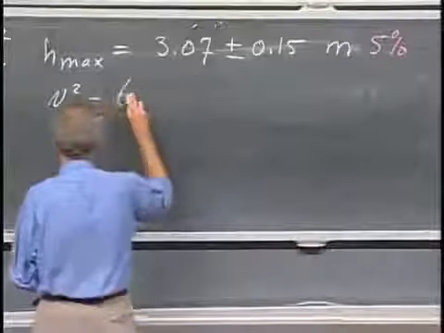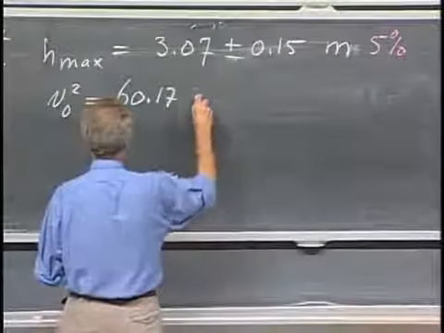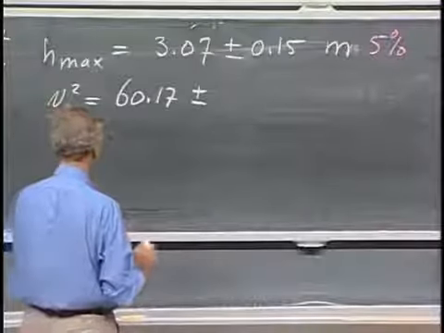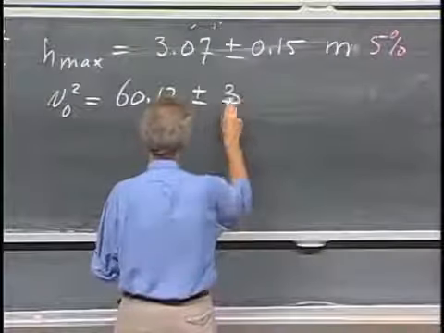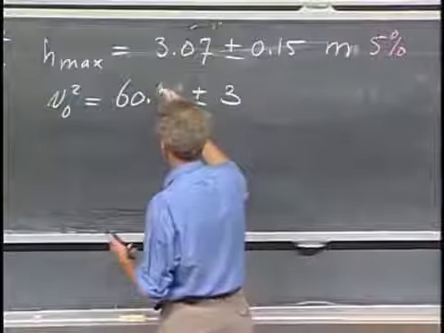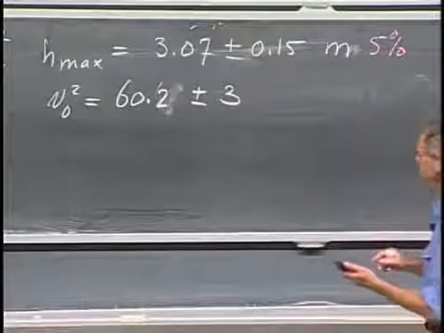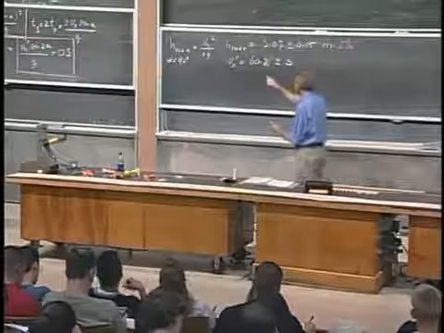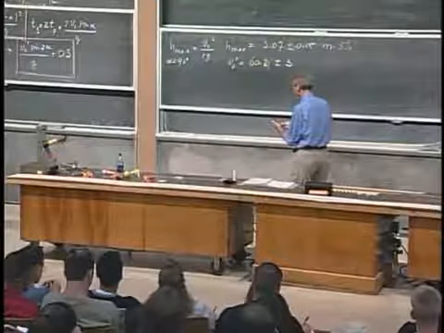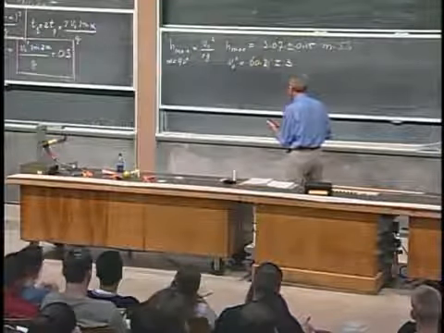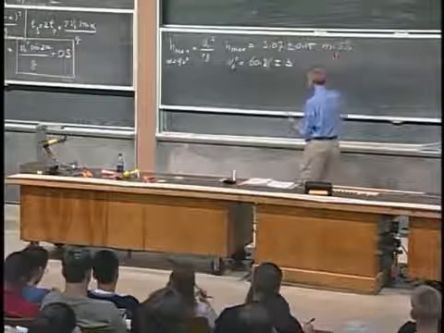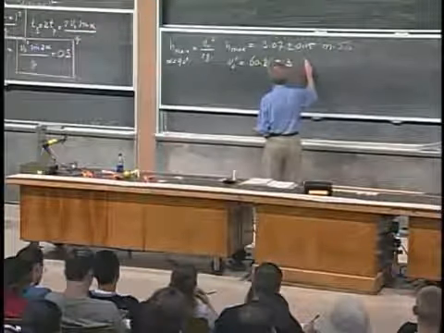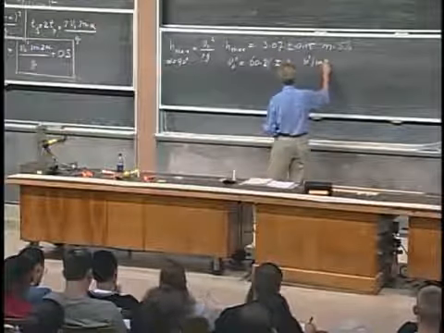I'd like you to check that. 60.17 plus an error of 5%. That is an error of 3. So you might as well make this 60.2. Would you please confirm that I didn't make a mistake? 3.07 is H max. I multiplied by 2, by 9.8. The 60.2 has a 5% error, and a 5% error is indeed 3. This is meters squared per second squared.